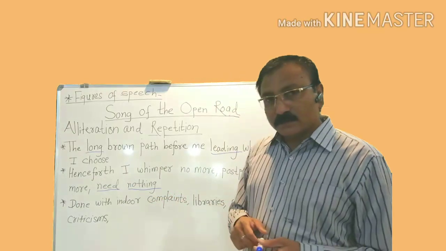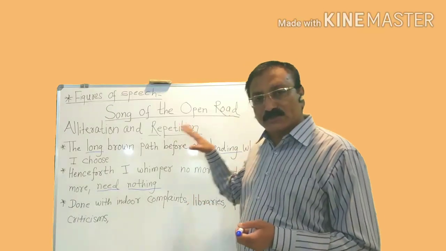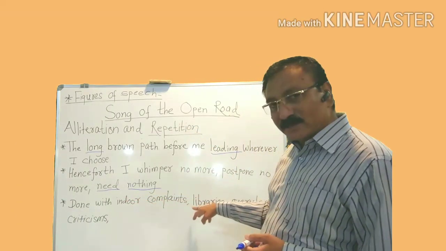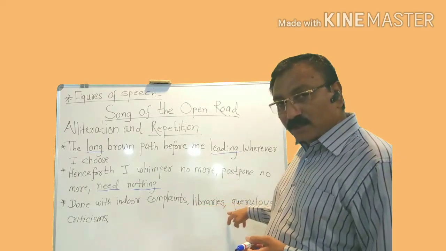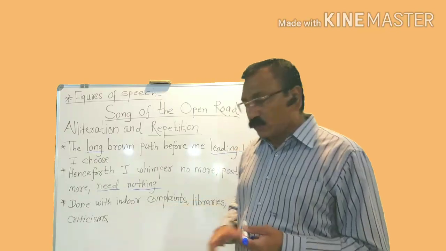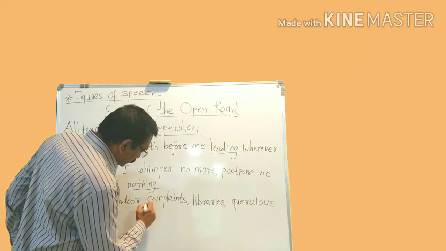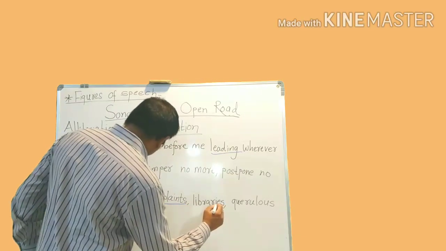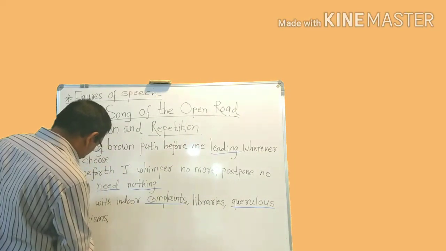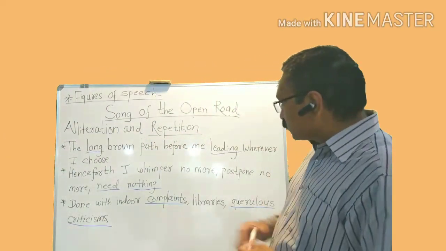The third line, which we come across as an example of alliteration in the same poem, is: Done with indoor complaints, libraries, querulous criticism. So here we have three words: complaints, querulous, and criticism. Look at the line carefully.